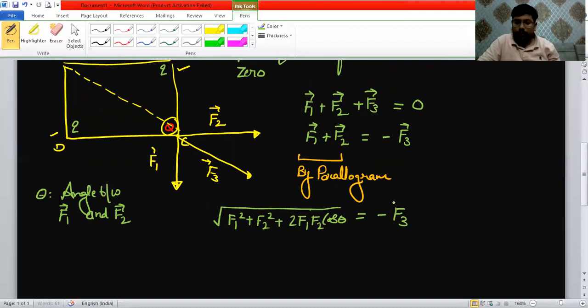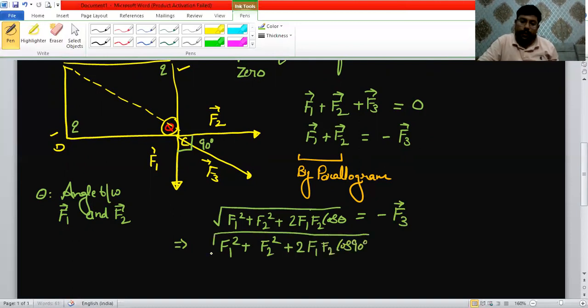Minus F3 vector. Here the angle theta between F1 and F2 is 90 degrees. So we can write F1 square plus F2 square plus 2 F1 F2 cos 90 degrees, and you know cos 90 degrees is 0, is equal to the F3 vector magnitude.